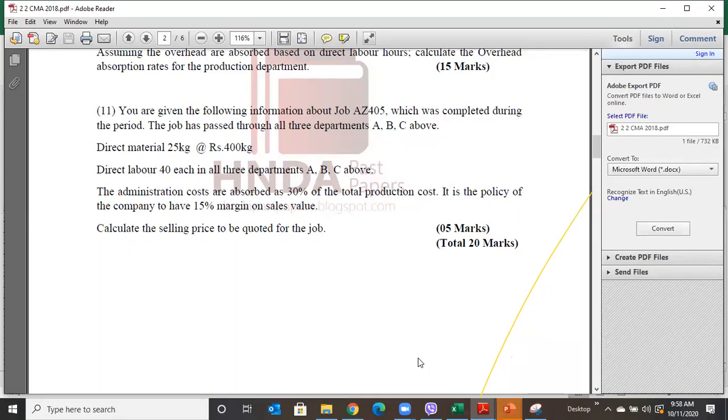So if the profit margin is 50% from the sales price, what about on the cost? For the sales margin it is 100%, so for the cost how much is it? If the sales is 100, 15 should be the profit. But here we don't know the sales, so we should revise this according to the cost.